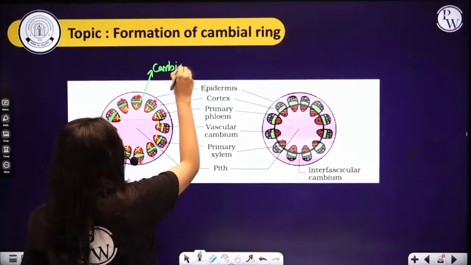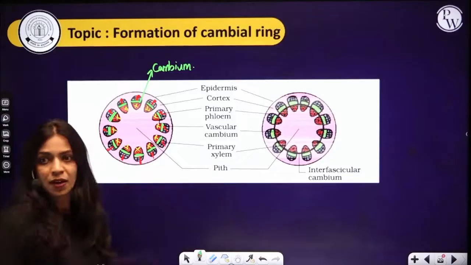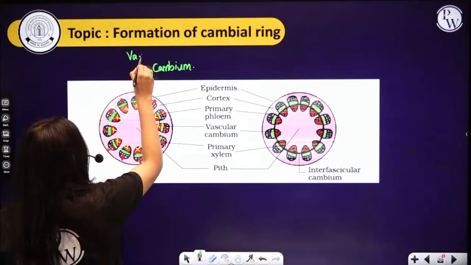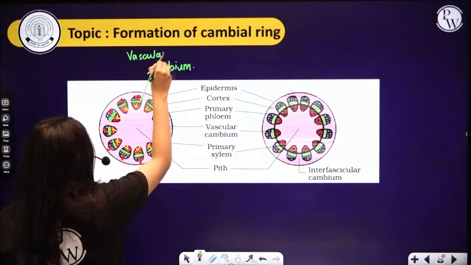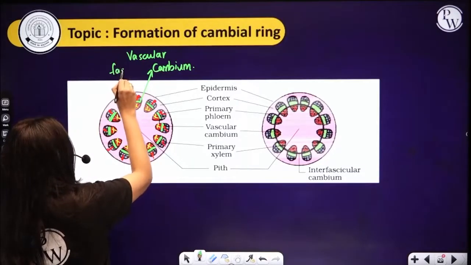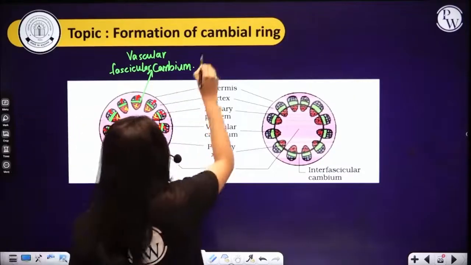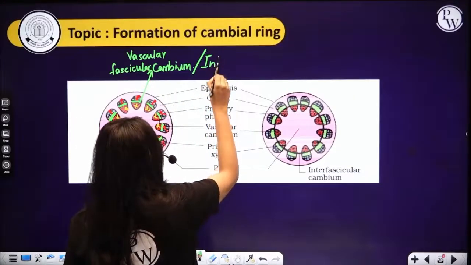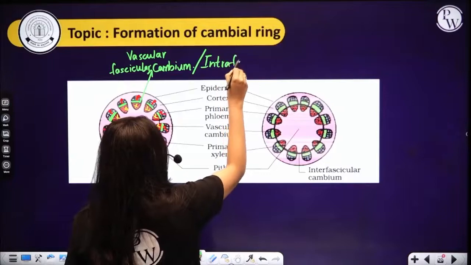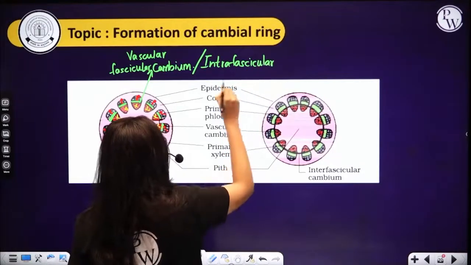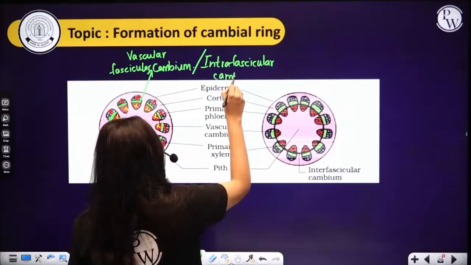Now let's give this cambium a name. We will call it vascular fascicular cambium or intrafascicular cambium.